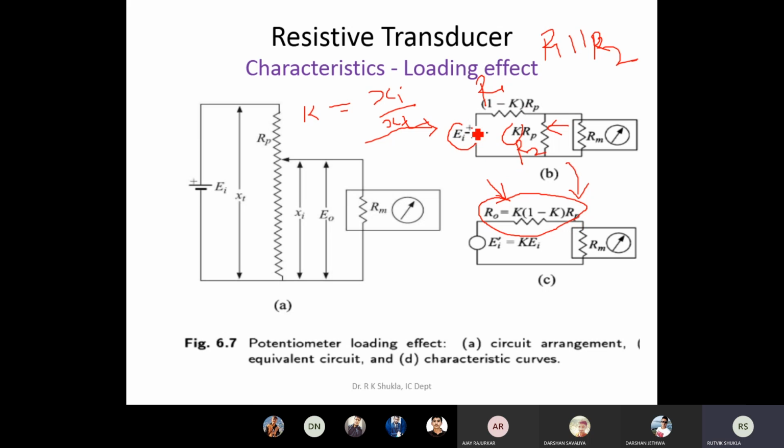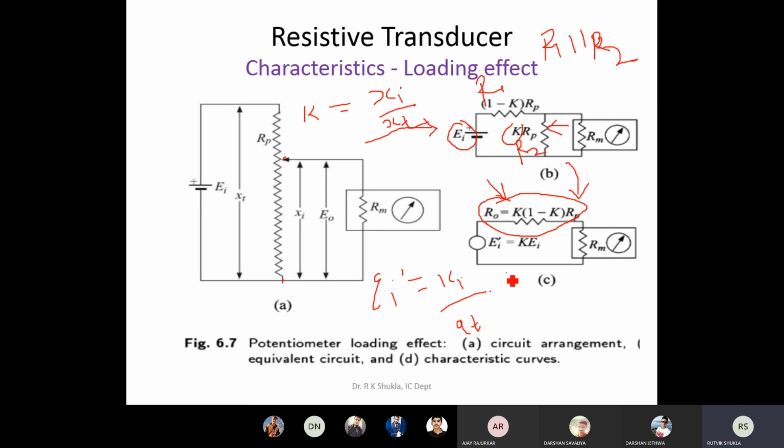Likewise, you can find out the EI dash. EI dash is nothing but the input which you are expecting between the two terminals. Just like the R2, here you can find out EI dash. Again, it is nothing but the combination of Xi by Xt into EI.